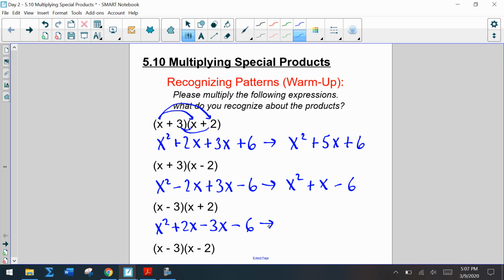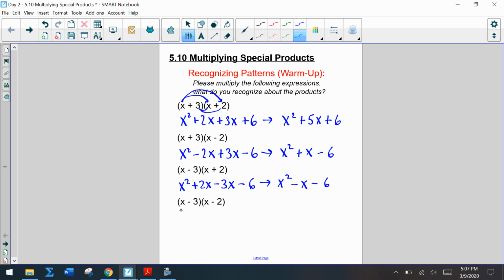And then this turns into, after we combine like terms, x squared minus x minus 6. And then finally, we get x squared minus 2x minus 3x plus 6. And we end up with x squared minus 5x plus 6.